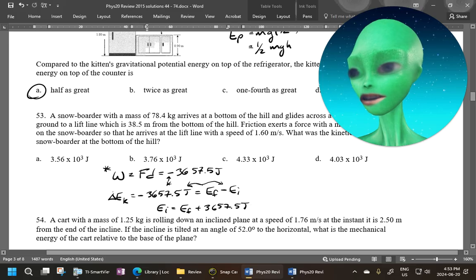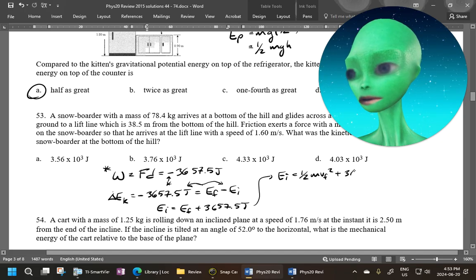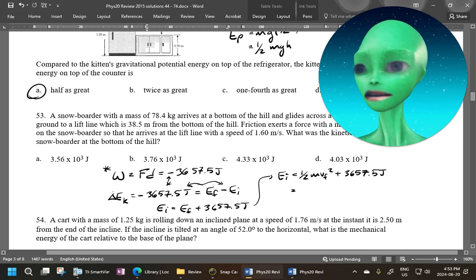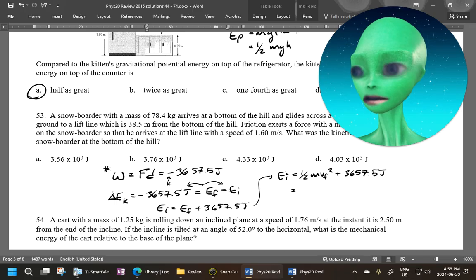And my EK is going to be 1/2 mv squared again. So I'm going to do this again. It's going to be 1/2 mvf squared plus this work that we just did. So that kind of means that we started off with more energy than we ended up with, which makes sense because I lost that energy. Times the speed, 6 squared.